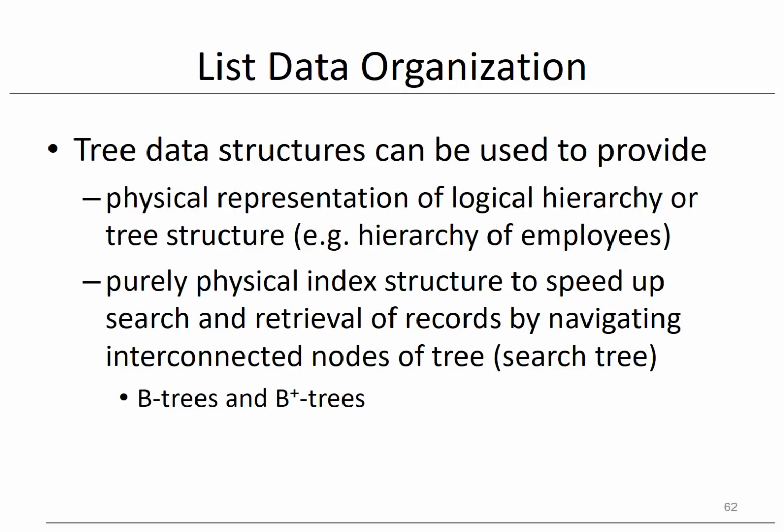Tree data structures are relevant in several ways. First, they may provide a physical representation of a logical hierarchy or tree structure. An example is a hierarchy of employees. A second application of tree data structures is when they provide a purely physical index structure to speed up the search and retrieval of records by navigating the interconnected nodes of the tree.